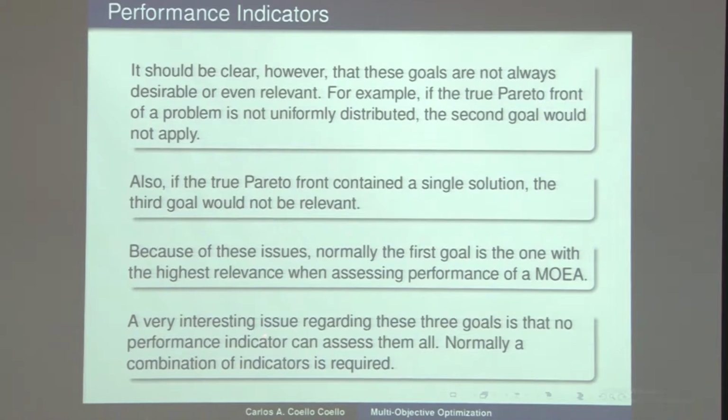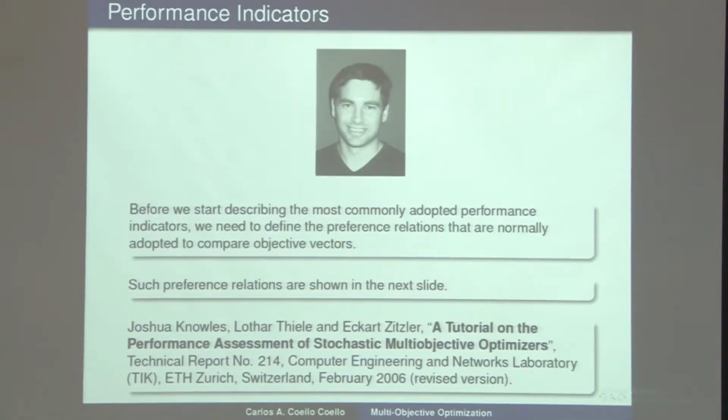Something interesting that was identified in the early days of the field is that no single performance indicator can assess these three goals, because assessing the three goals is also a multi-objective problem. It cannot be done in a single one. Okay, before we describe the performance indicators that we normally adopt, there are quite a few of those.